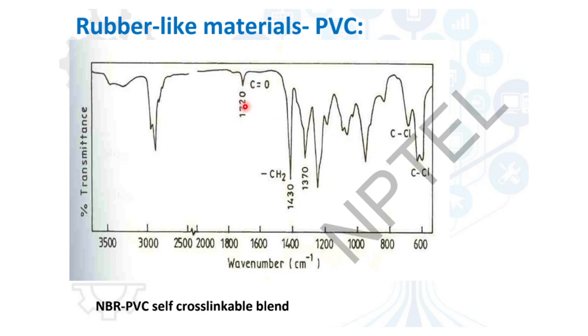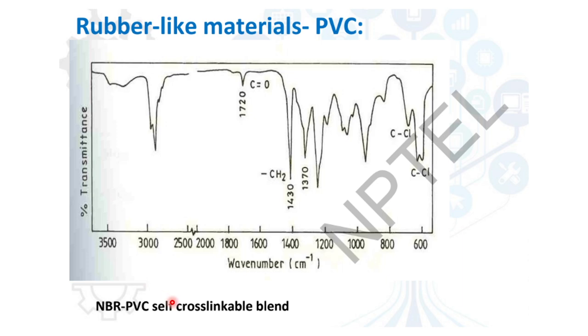One small peak is coming at 1720. It may be because of some additives or plasticizer. There is also a CH2 peak. It is not stretching, it is CH2 vibration, that is 1430 centimeter inverse, and this peak is coming from the carbon-hydrogen bond.